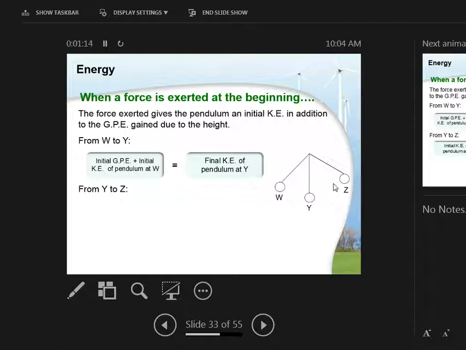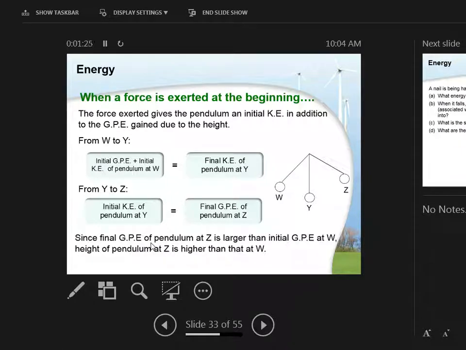So from Y to Z, all the kinetic energy will become gravitational potential energy at Z. Okay? Any questions? So since the gravitational potential energy at Z is larger than that at W, then of course it will go higher. Because GPE equals mgh. M and g didn't change, so h must change.